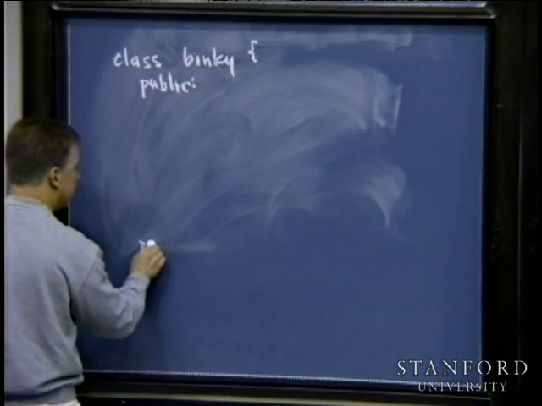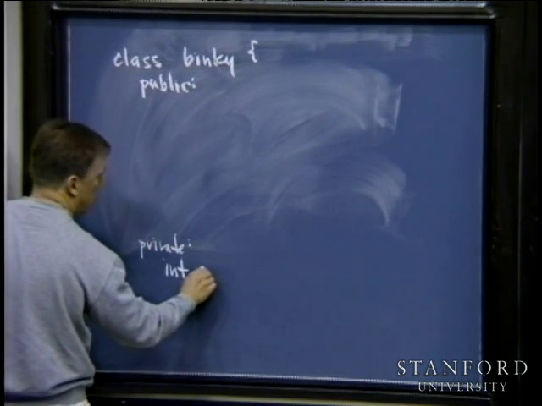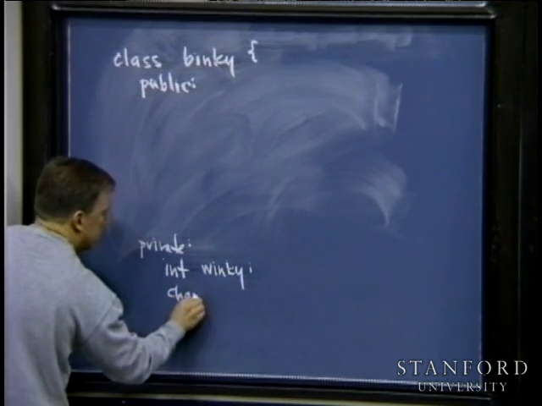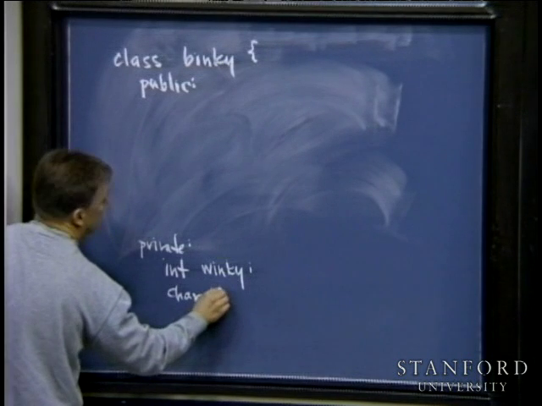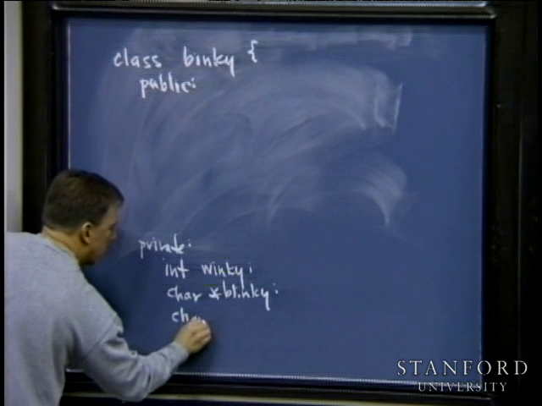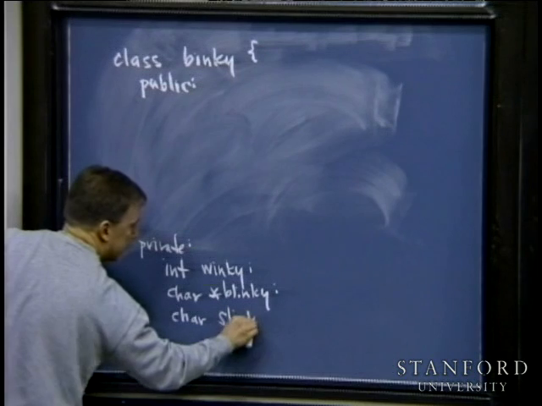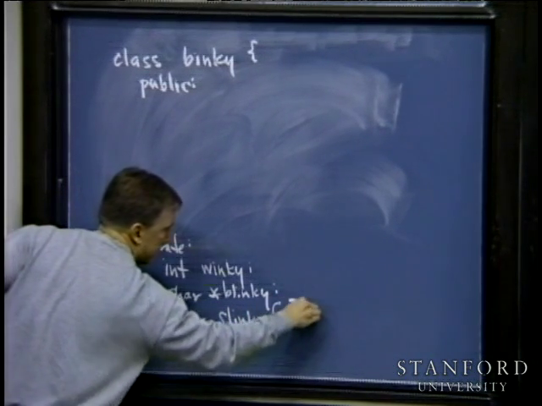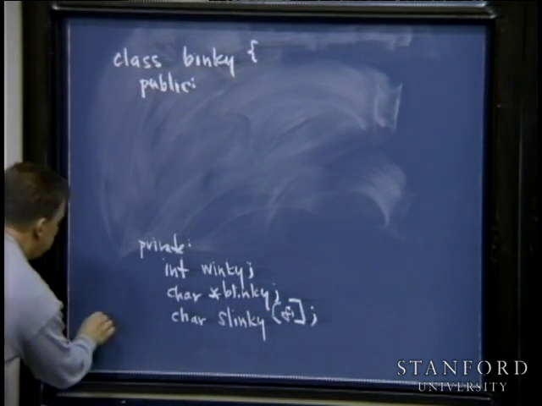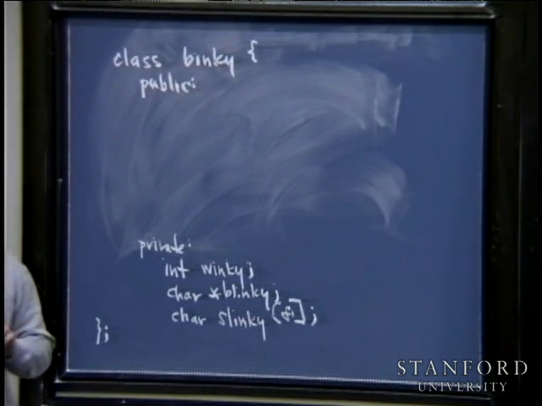And then privately, let's say that I have an int called Winky, a char star called Blinky, and a wedged character array of size 8 called Slinky. And that is it. Those are the only data fields I push inside.